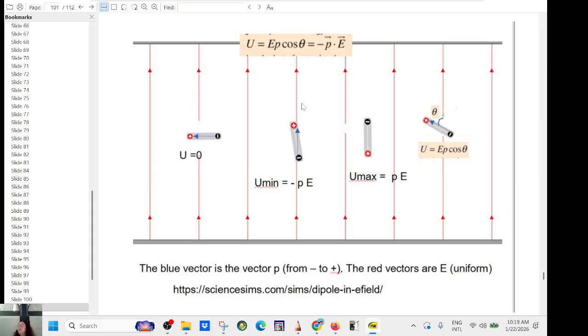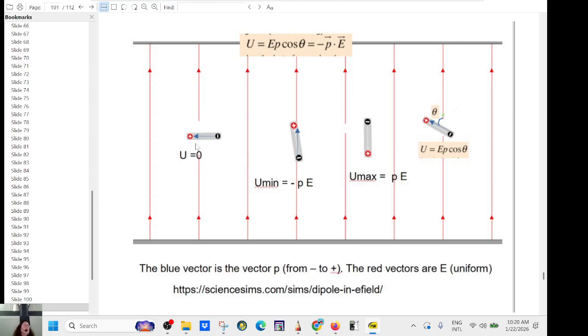Which one is aligned with the same direction? The second one. Okay, so that will be the minimum potential energy. Now it's happy because you remember an electric field goes from plus to minus. So minus is facing plus, I'm happy. Plus is facing minus, I'm happy. That will be the maximum potential energy. Okay, not happy. Okay, because it's opposite direction.